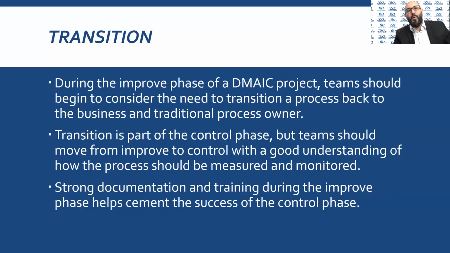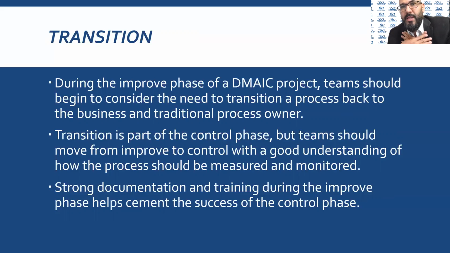Transition. This is really important. When we've done the implementation, we've done the documentation, we've done the training, now it's time to transition, to return the process to its owners. During the improve phase of the project, teams should begin to consider the need to transition a process back to the business and the traditional business owner.